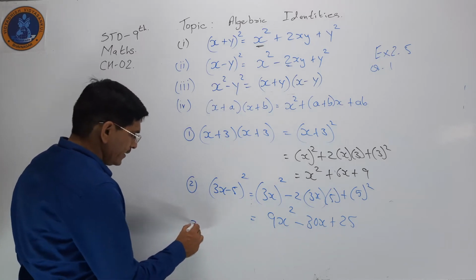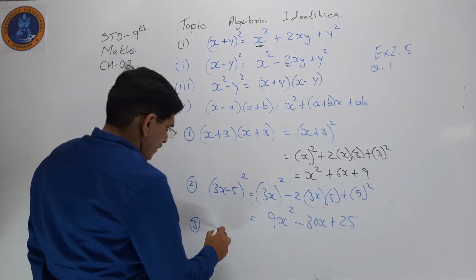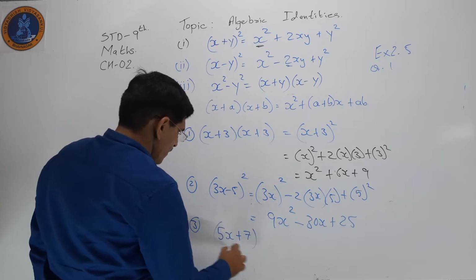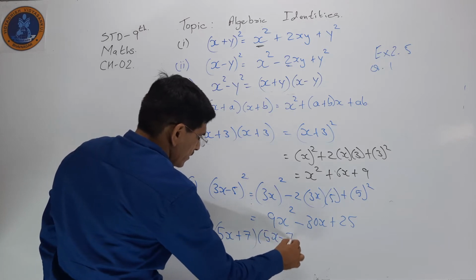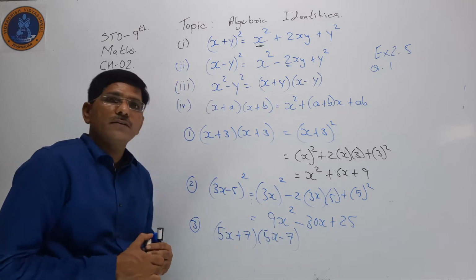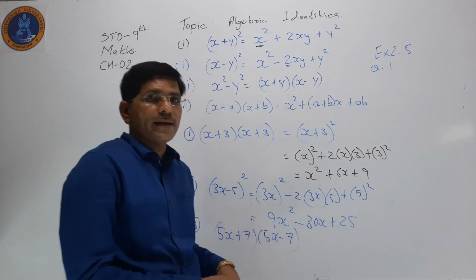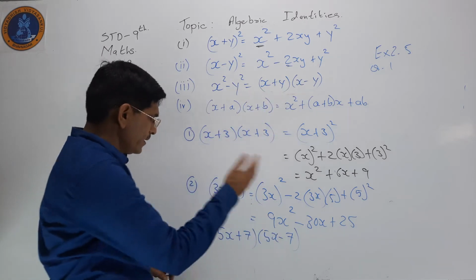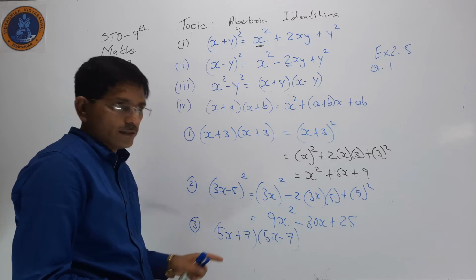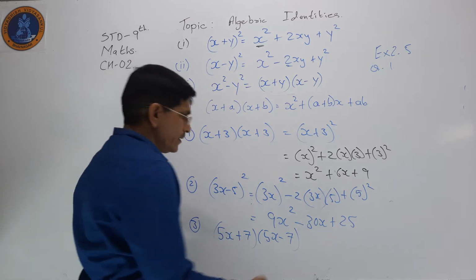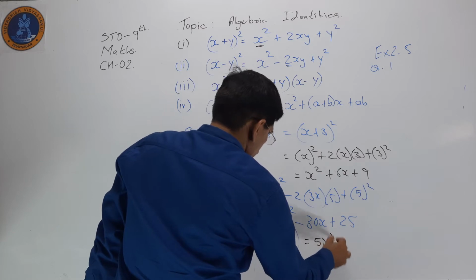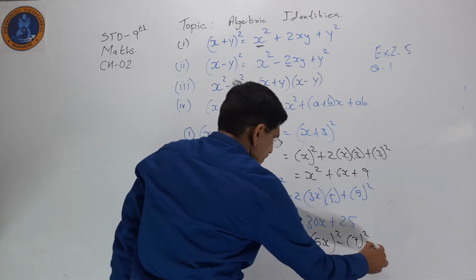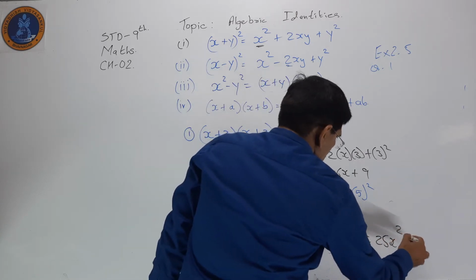For the third identity: (5x plus 7)(5x minus 7). What will be the answer? It is x square minus y square, so here (x plus y)(x minus y). We get (5x) whole squared minus 7 whole squared, that is 25x square minus 49.